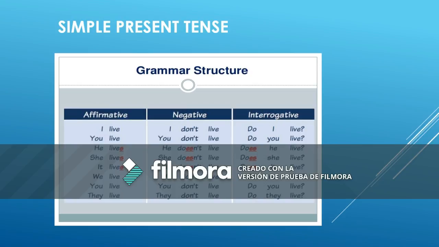Negative: I don't live, you don't live, he doesn't live, she doesn't live, it doesn't live, we don't live, you don't live, they don't live. Interrogative: do I live? Do you live? Does he live? Does she live? Does it live? Do we live? Do you live? Do they live?